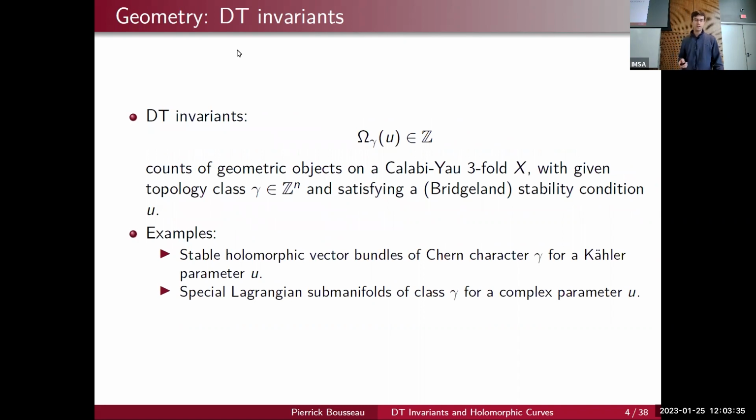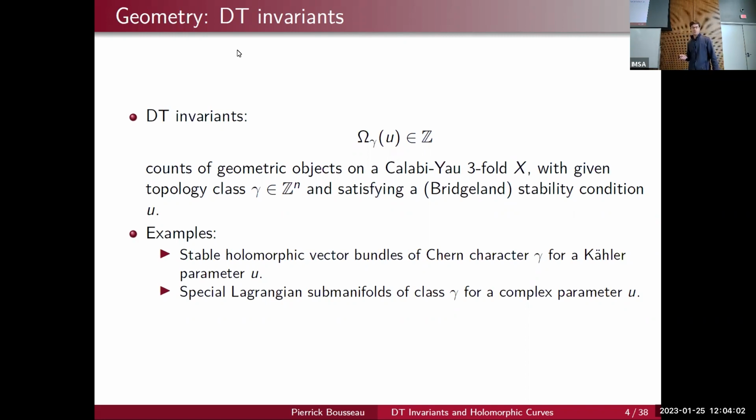Okay, so I start with an overview of the general expectation of the general topic. So DT invariants are denoted like that, Ω_γ(u). So they are integers and they are counts of geometric objects on the Calabi-Yau three-fold X. They are indexed by some class γ, which is roughly the topological class of the object.